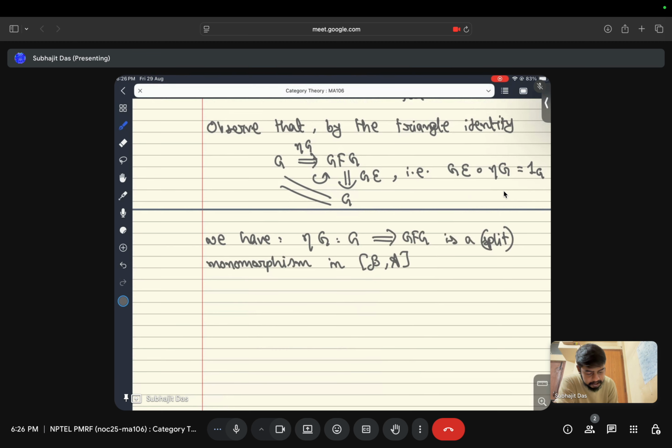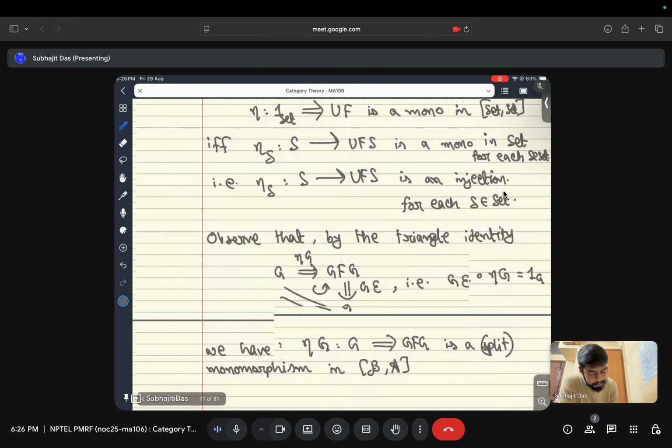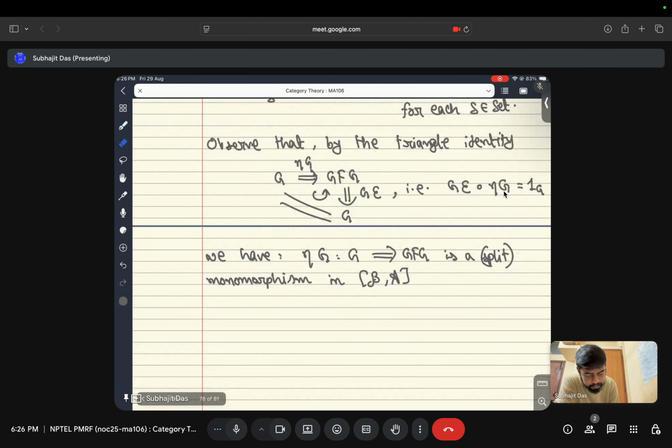which implies, okay, I keep using G every time. Let's replace G by U. So U to UFU. So this is eta U, and this is U epsilon.